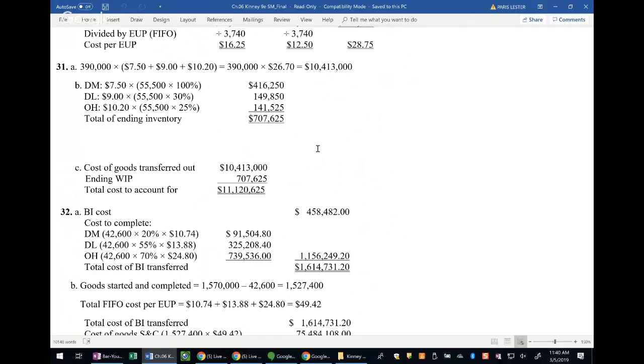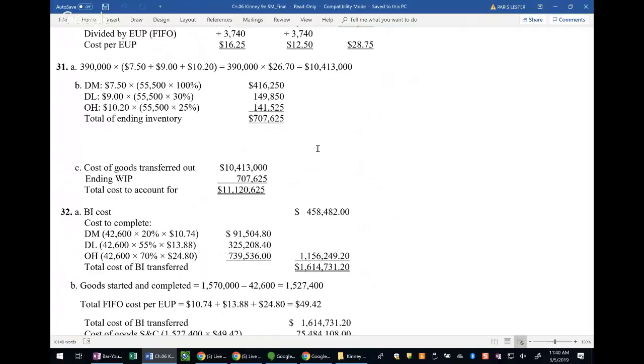If you take that 390, all right, I'm trying to see if that's 50. Let's see. Units in ending inventory completed as to materials, completed as to direct labor, completed as to overhead. All right, take 55,500, Clayton, from 390.